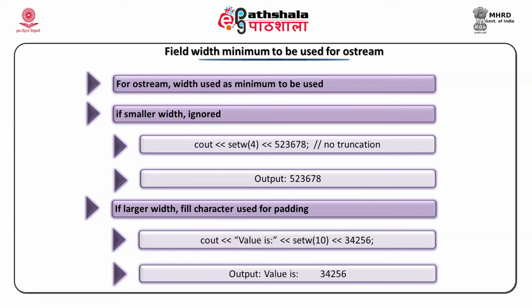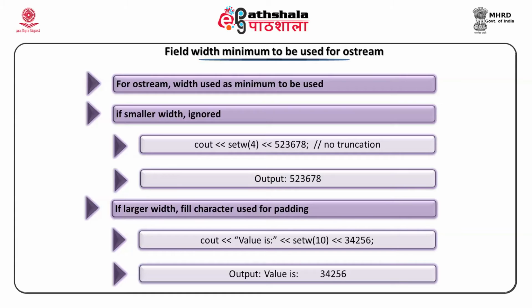So, it requires 6 positions and the specified width is smaller. In this case, it ignores the width, but if the width is larger, then it will use the required one and the extra spaces will be filled with some specified character. By default, it is space, as we have seen before while displaying 12 with width 4, it displays space 1 2.